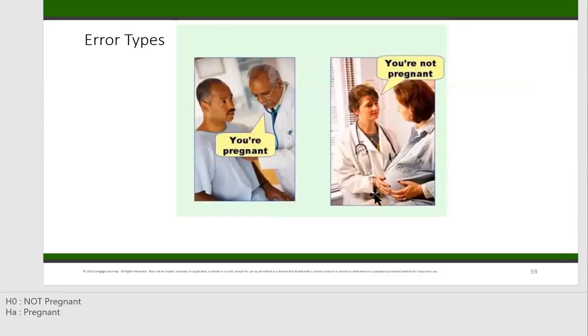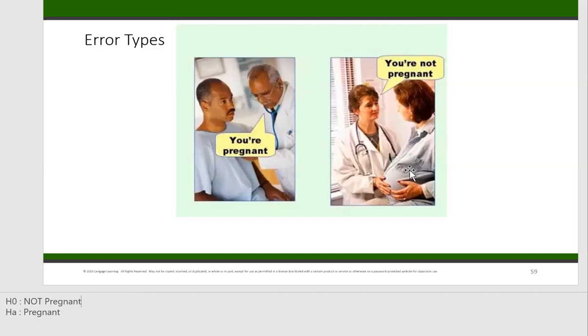How about this one? Again, there's obviously an error happening here. The reality of this patient is that the null hypothesis is not true. Actually, the alternative is true, all right?